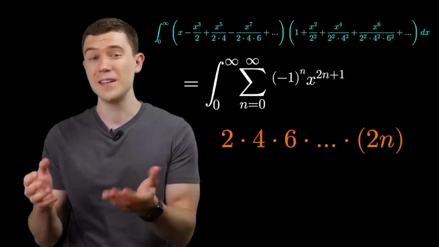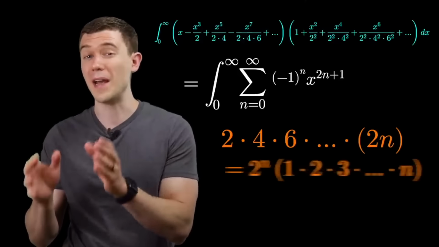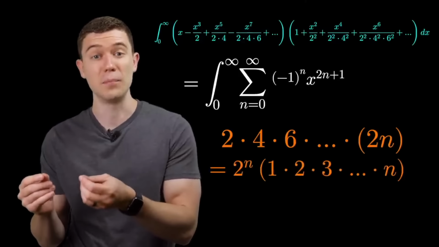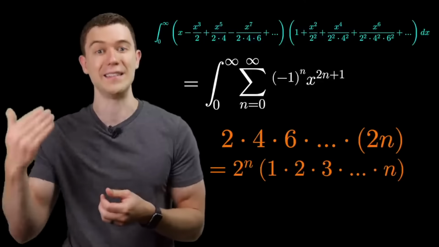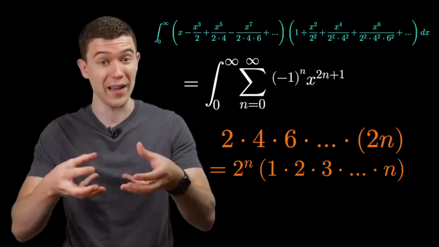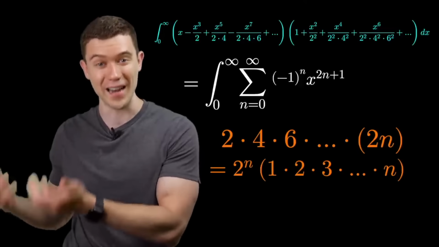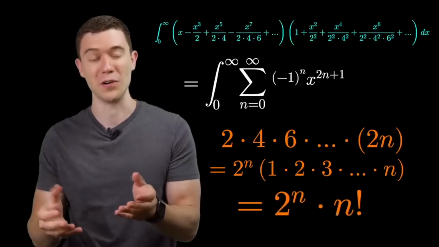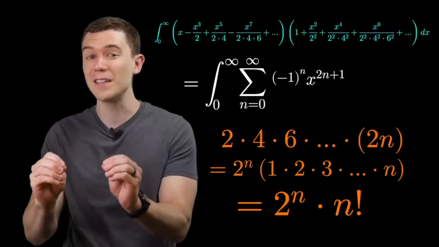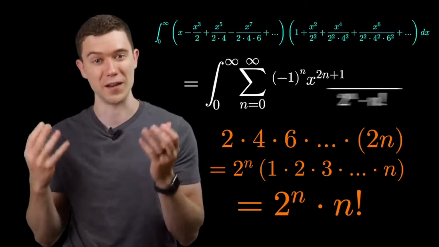And the trick here is to factor out a 2 from every single term. We would have to pull a 2 out n times. So we have a 2 to the n times 1 times 2 times 3 times 4 all the way up to n. That's n factorial. Thus, the denominator in this sum should be 2 to the n times n factorial.